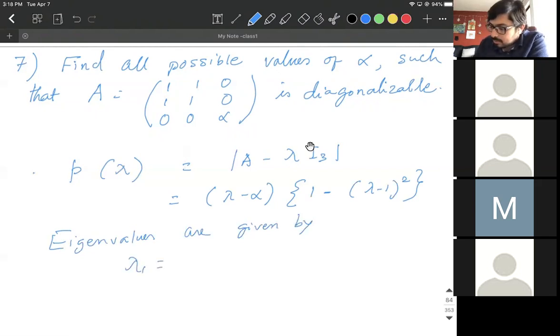So these are the three eigenvalues: lambda 1 equals alpha, lambda 2 equals 2, and lambda 3 equals 0.